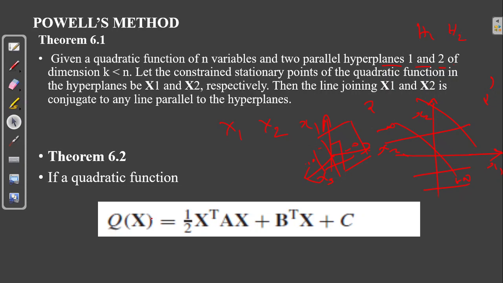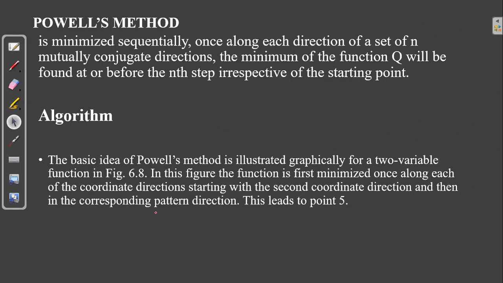So q of x is a quadratic function, and you can minimize this quadratic function sequentially by applying the conjugate direction method.